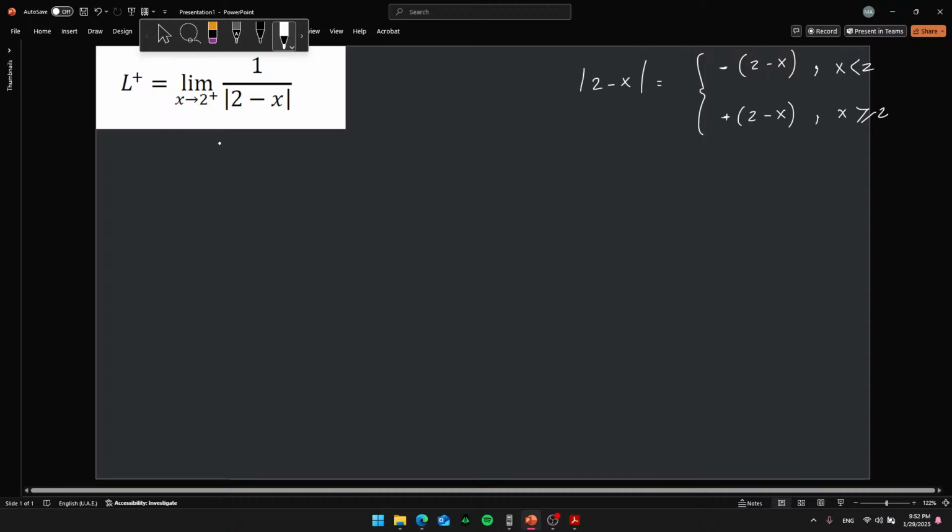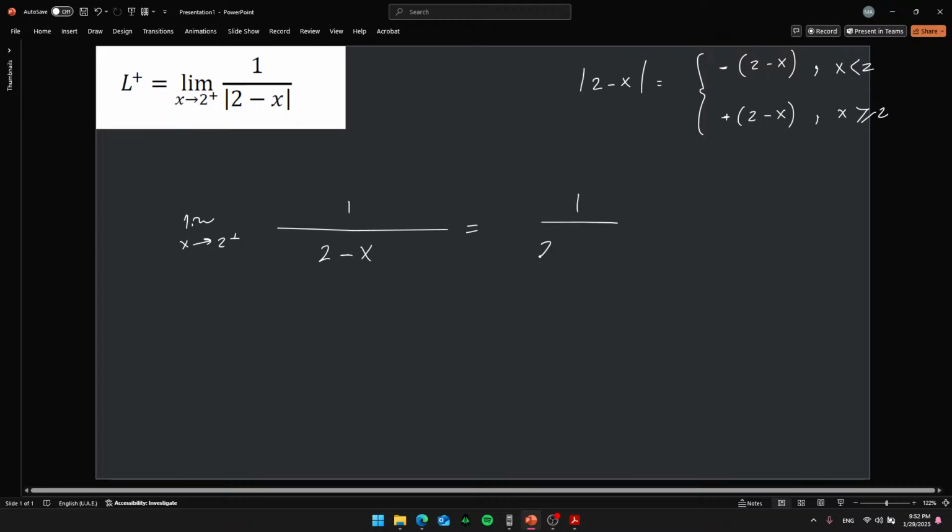So I'm gonna substitute instead of the absolute function, 2 minus x. Then I'm gonna substitute the 2 from the right, 1 over 2 minus 2 from the right. 2 from the right means like 2.01 or 3 or 4 or like 1000.